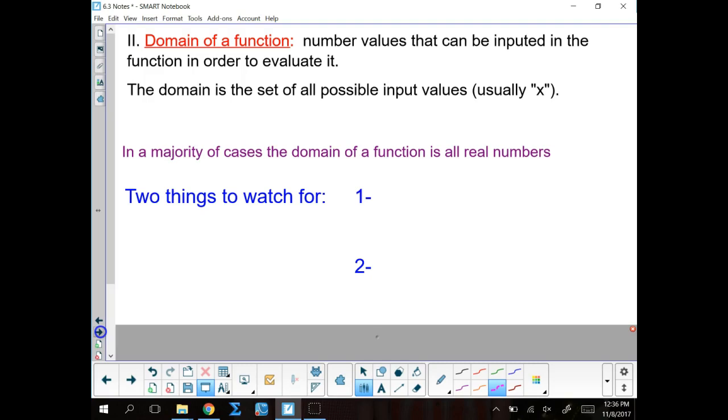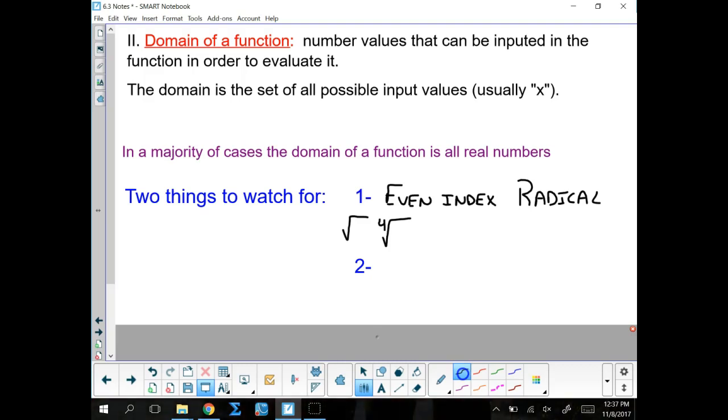Okay. So the first thing that we have to watch out for is something called an even indexed radical, because that number is an index, remember, radical. So what I mean by an even indexed radical: square root, fourth root, sixth root, eighth root. All of those are even indexed radicals.